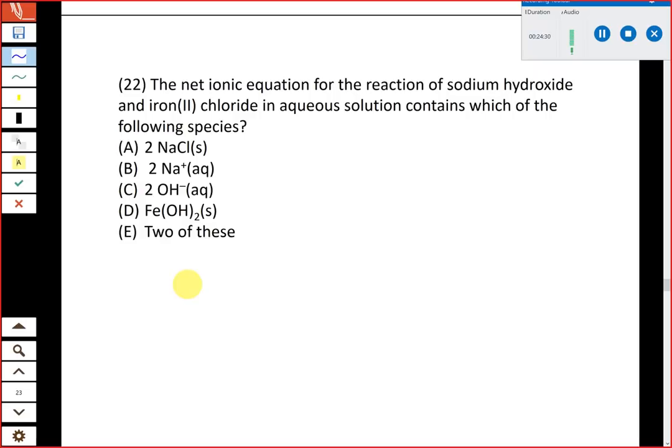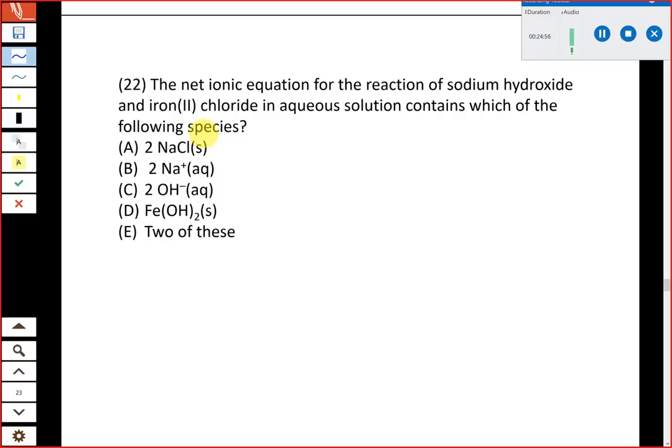So in these types of problems, you need to consider both whether the substance appears in that equation at all. So whether NaCl, Na+, OH-, FeOH2, whether those substances are in the ionic equation, and also what the coefficient is. You'll notice that some of these have coefficients attached, so we'll need to look at both the coefficient and the substance and figure out should that be in the net ionic equation.